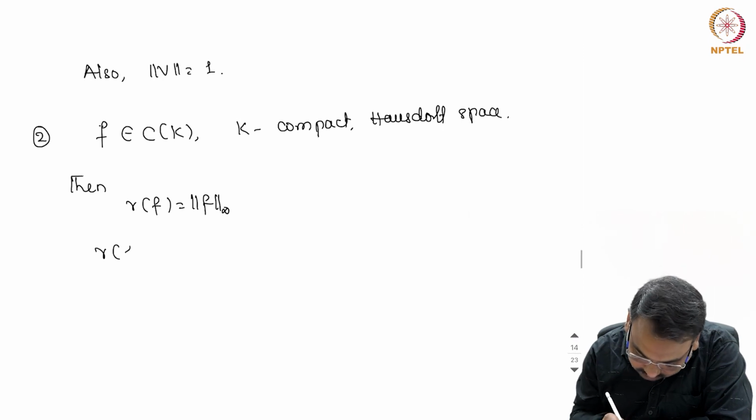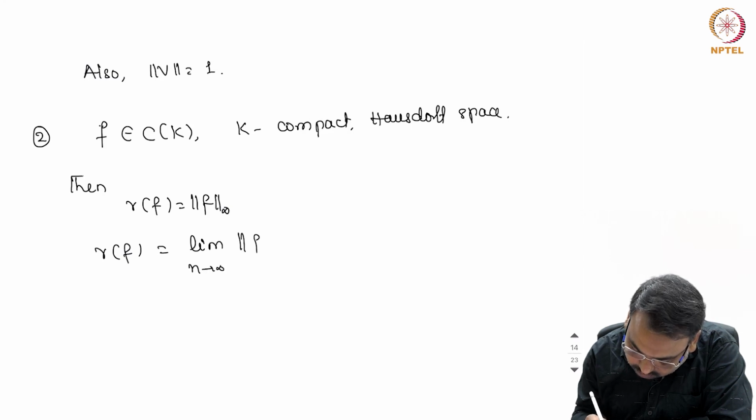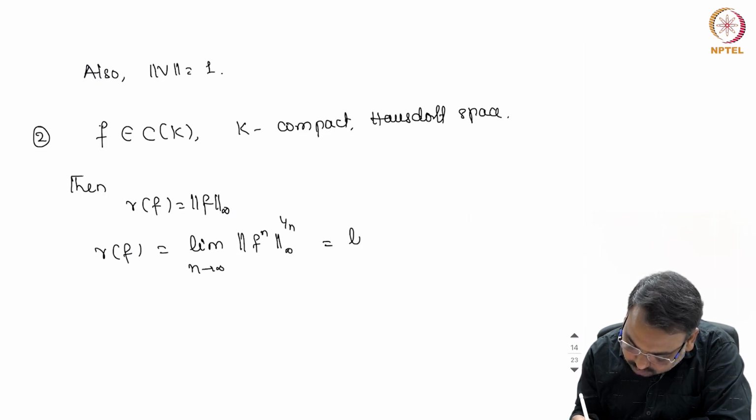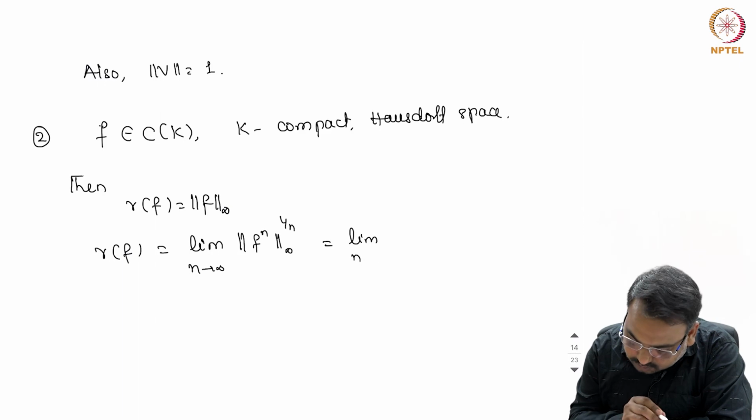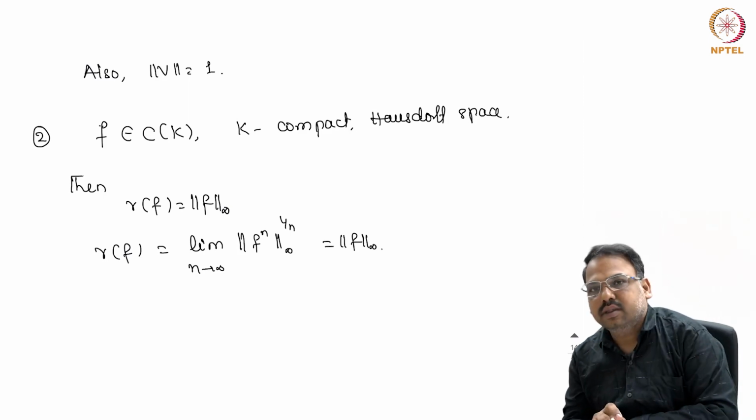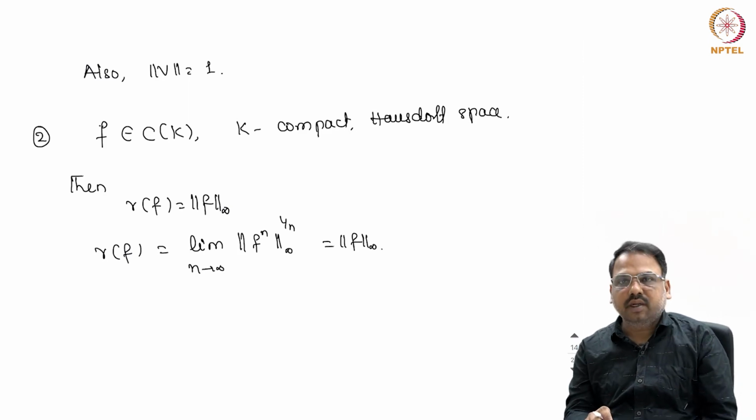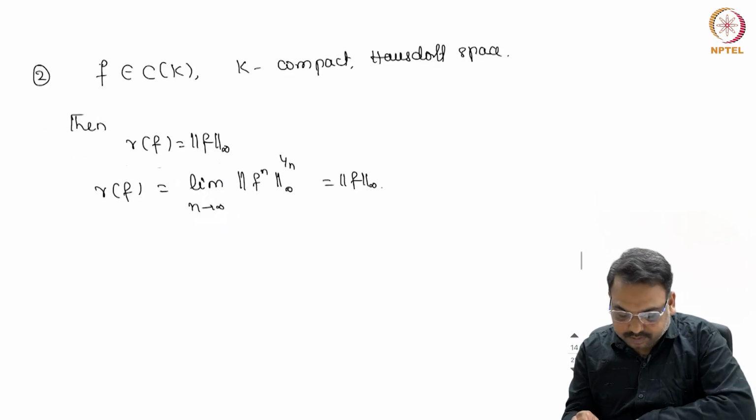So the spectral radius of f is norm of f only, because norm of f^n is norm f whole power n.